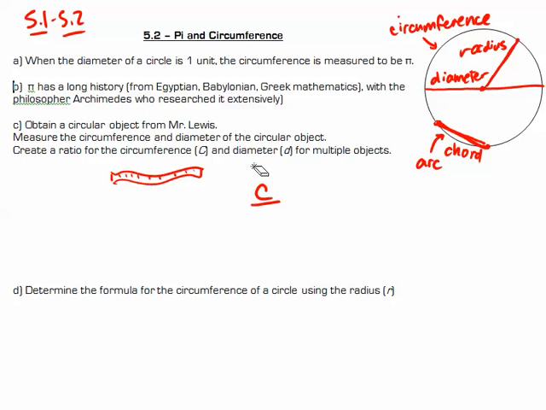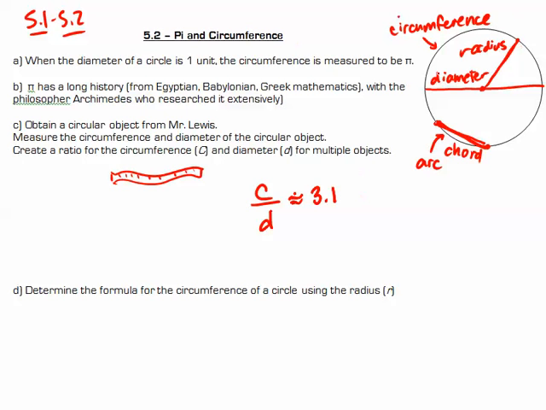If I divided the circumference by the diameter, I always ended up with a number that's approximately 3.1, a little bit more, a little bit less. Regardless of the size of the circle, if I divided the distance around by the distance through, I kept getting this number 3.1, maybe 3 point something around there.